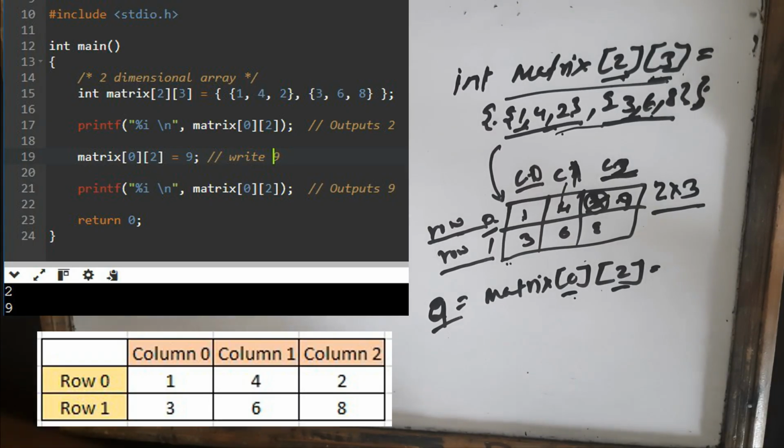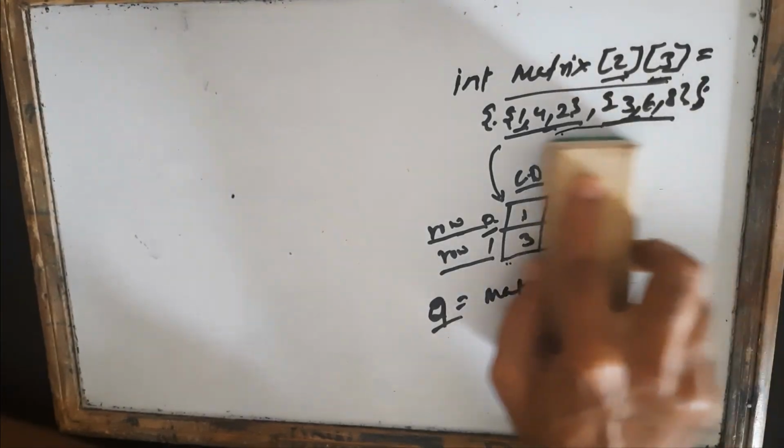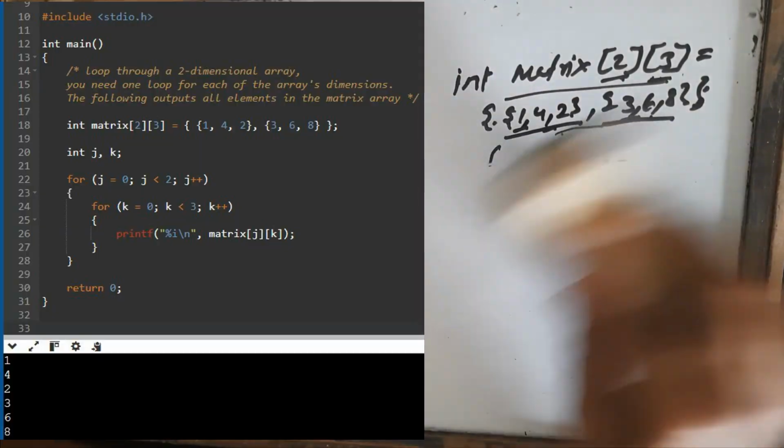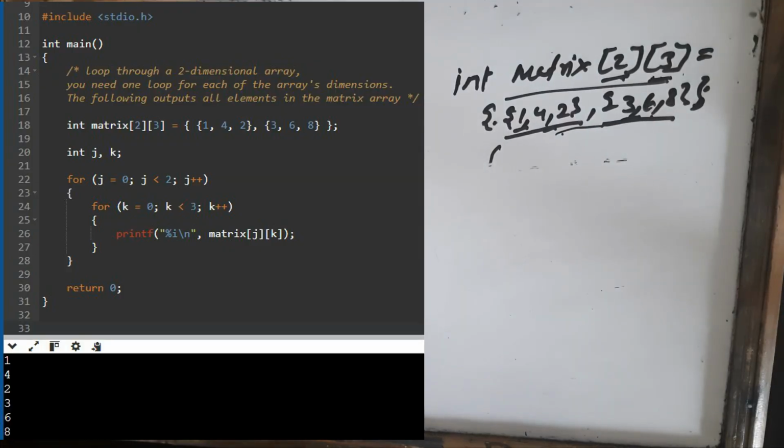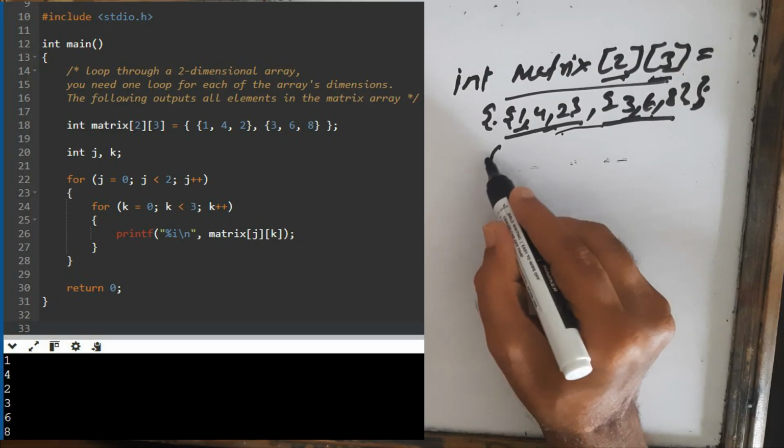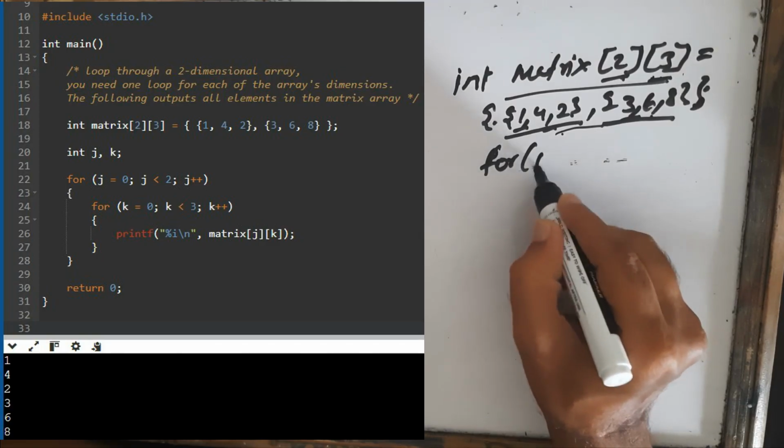And to print a two-dimensional array, there is an ideal way. We can use two for loops for that.